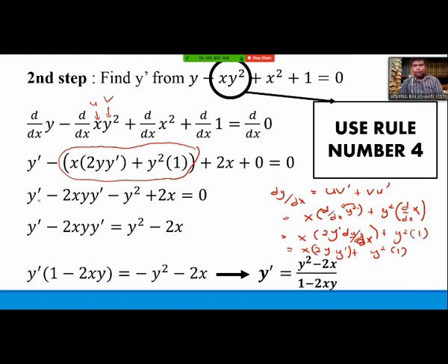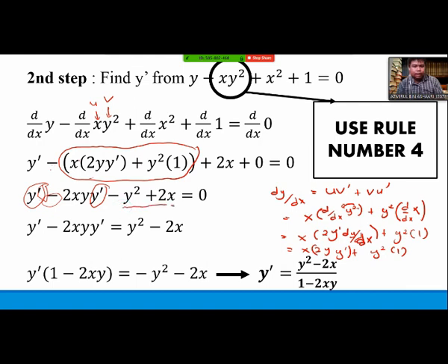And then I open the bracket, which is negative, positive inside. It becomes negative, positive, negative, negative, positive, we become negative, and plus 2x equal to 0. And then I move all of that doesn't have y prime, who doesn't have y prime, to the left side.